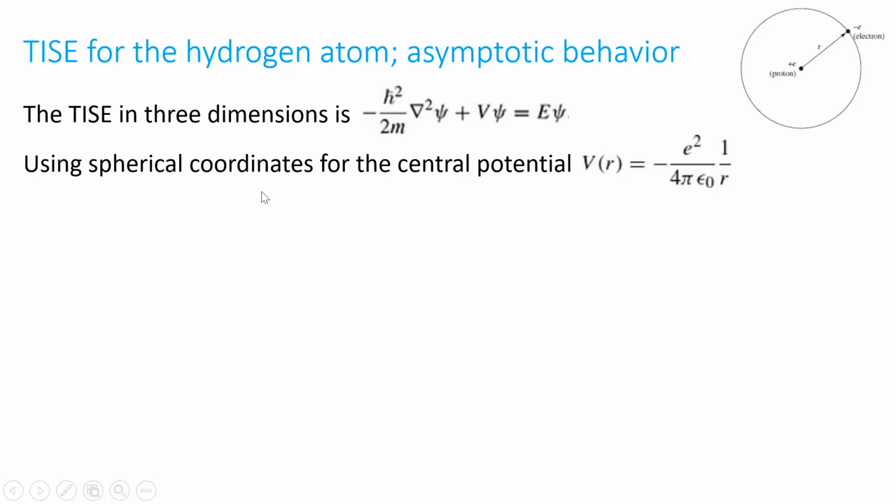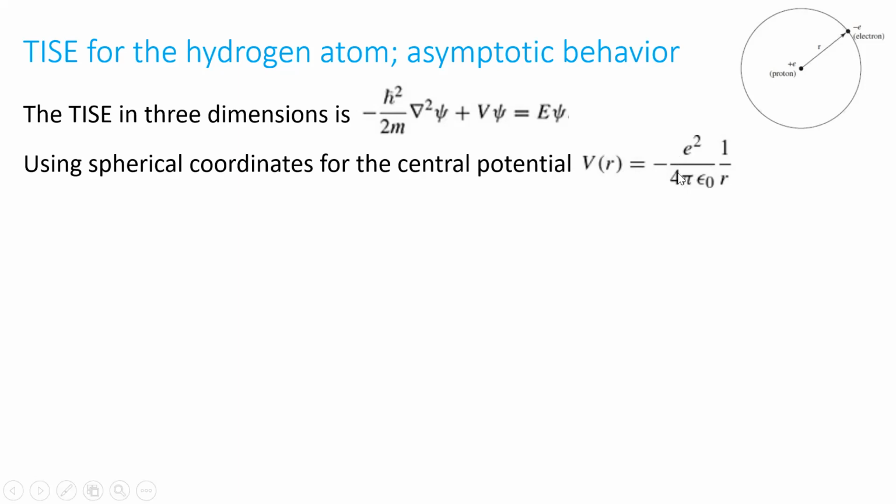So using spherical coordinates for the central potential, V of r is minus e squared over 4 pi epsilon naught, times 1 over r. So it'd be plus e times minus e, which is minus e squared. 1 over 4 pi epsilon naught is the same as the Coulomb constant, and it's 1 over r because it's the potential energy. 1 over r squared gives the electric force.